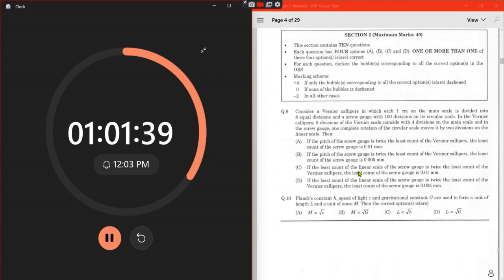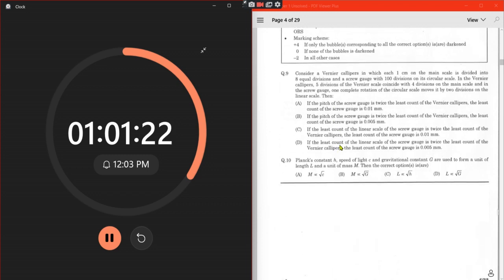Once again, the pitch is just 2 times of that. Least count of the screw gauge is... no, then it's the same as the earlier one, so it's not correct.